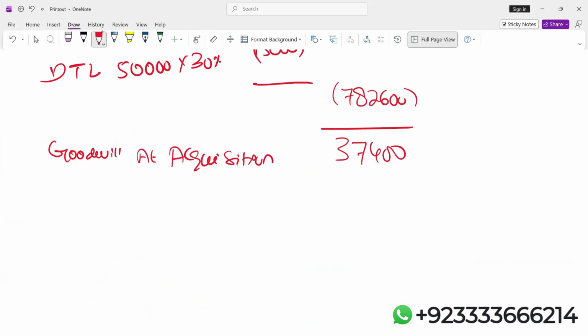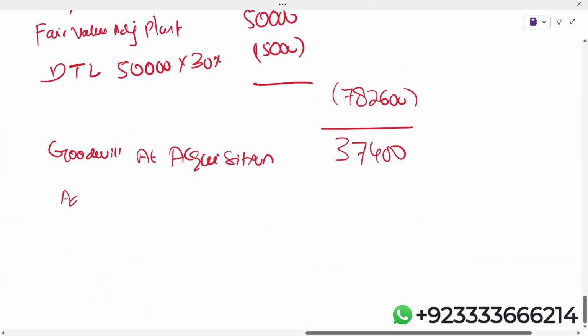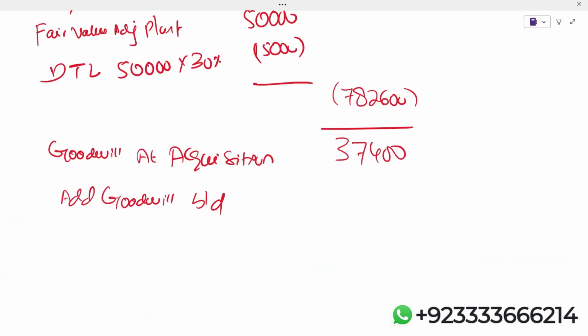Goodwill brought down, I will add goodwill BD 4,40,100. Let's see what I'm getting. Getting 4,78,500. If it is equal to the CD amount, then there is no impairment loss. But if it is more than the CD amount, then the difference is your impairment loss.